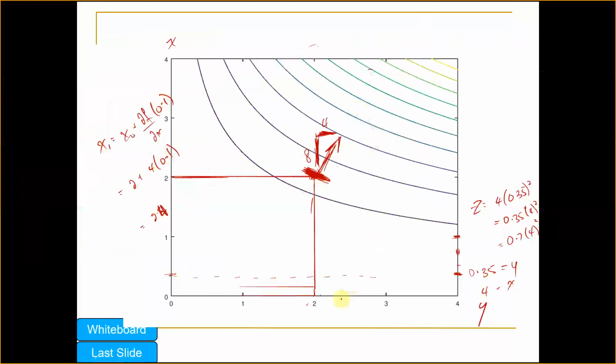So 2.4 is about here, using my ruler. X equals 2.4. Y is about, this is 2, this is 3, 2.8 might be about here.